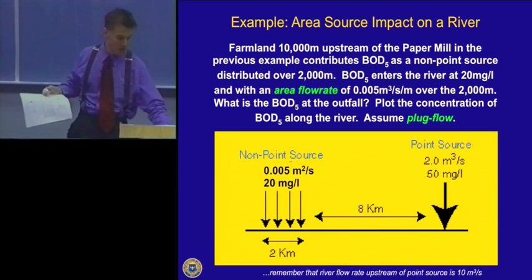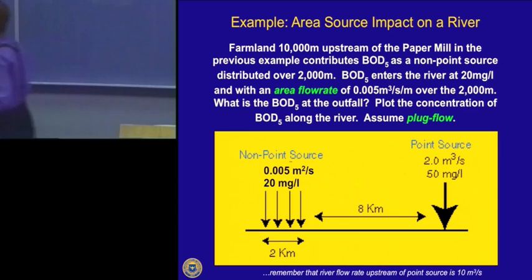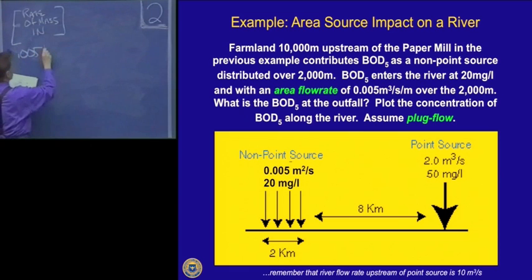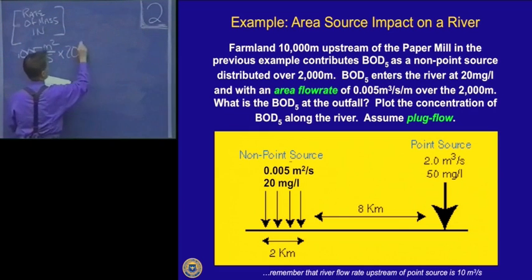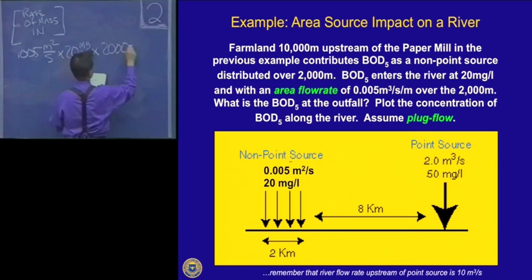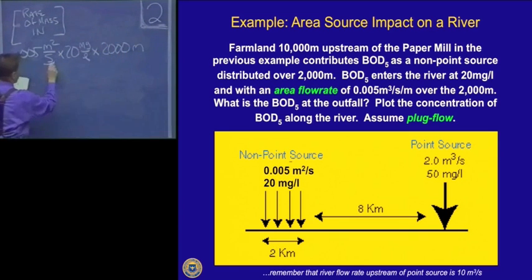So if I just multiply, I look over the whole distributed mass, 0.005 cubic meters per second flow rate times 20 milligrams per liter times 2,000 meters.